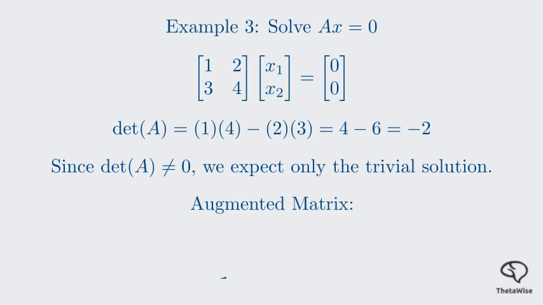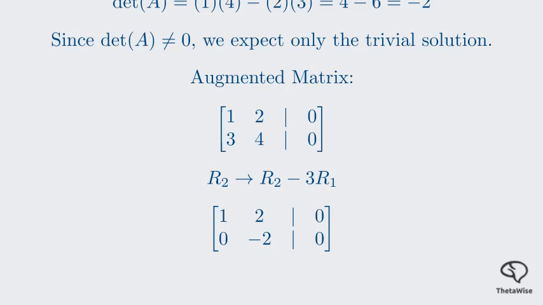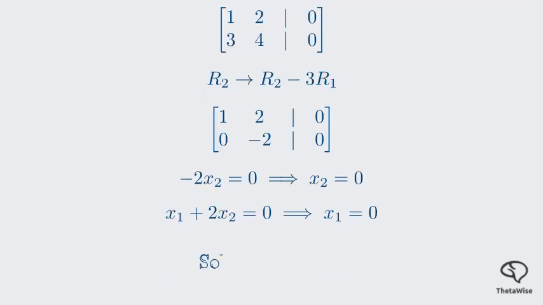Let's confirm with Gaussian elimination. The augmented matrix is [1, 2, 0; 3, 4, 0]. Replace row 2 with row 2 minus 3 times row 1. This gives [1, 2, 0; 0, -2, 0]. From the second row, negative 2 times x2 equals 0, so x2 equals 0.